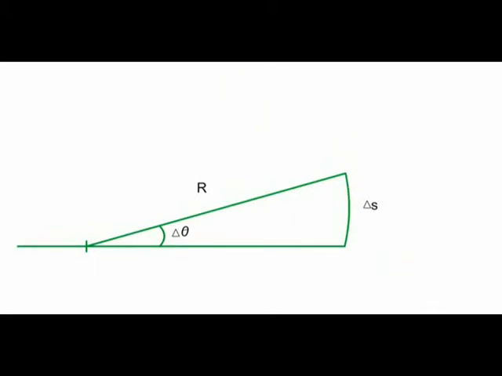The vector form of the equation for tangential velocity can be written as v is equal to omega cross r, where r is the radius vector. As we have already seen, the direction of omega will be coming out of the plane for anti-clockwise rotation, and for clockwise rotation it is going inside the plane.